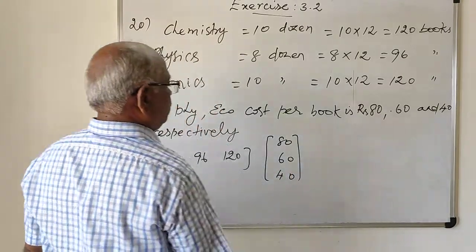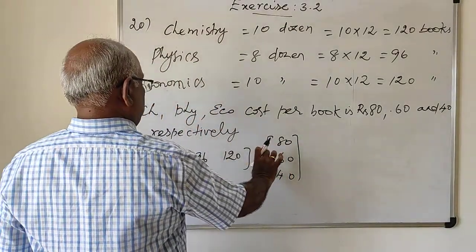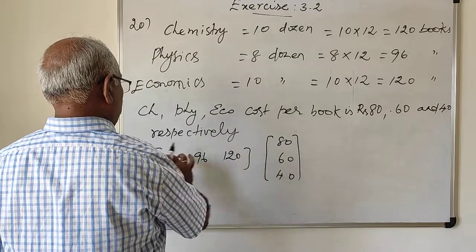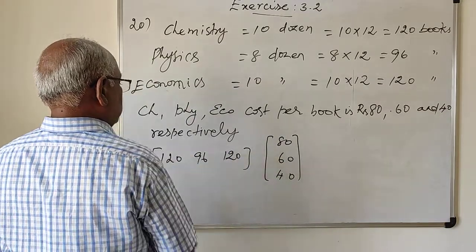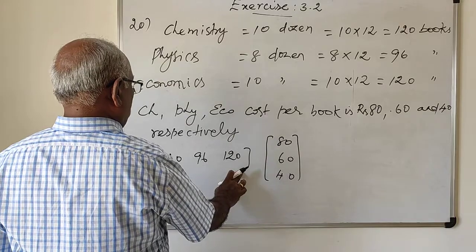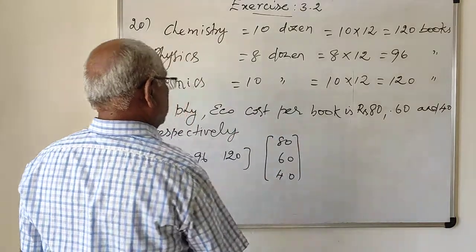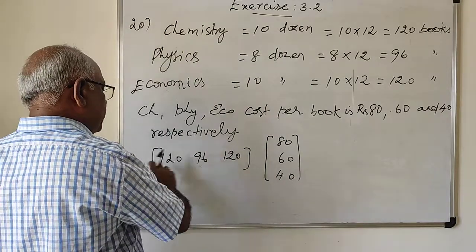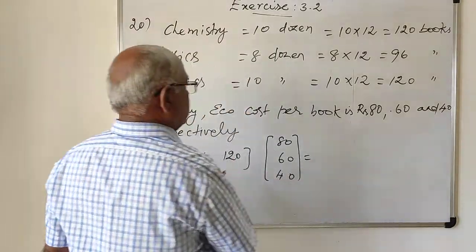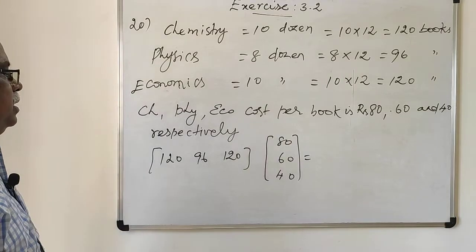That's all. So this is one row, 3 columns and 3 rows, 1 column. You can multiply this and you will get the total amount received by the bookshop.